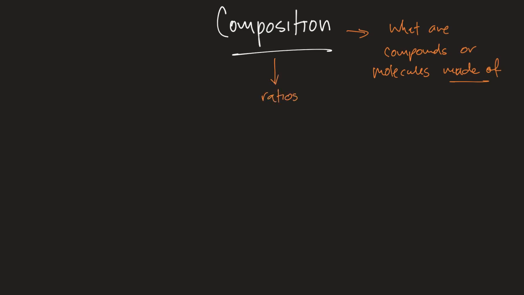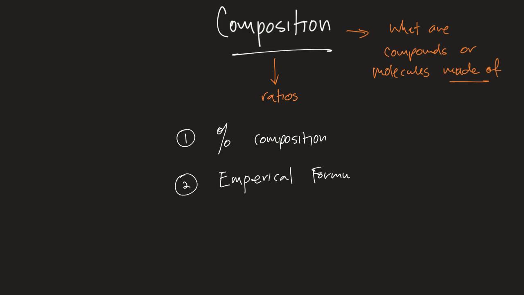So in order to do that, there are three things that we look at. The first thing we look at is the percentage composition. Okay. The second thing is something we call the empirical formula. This is new. And the last thing we look at is something called the molecular formula.